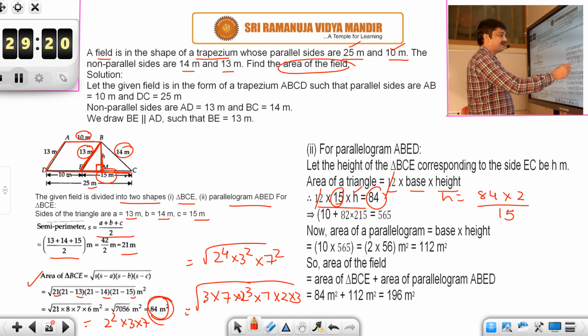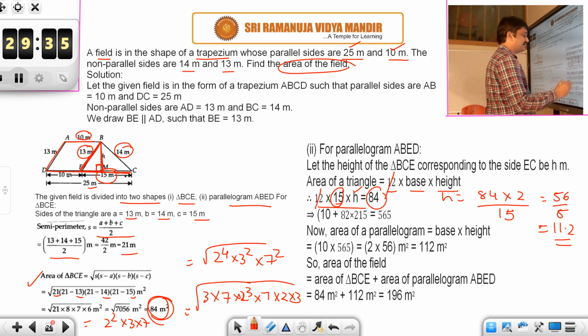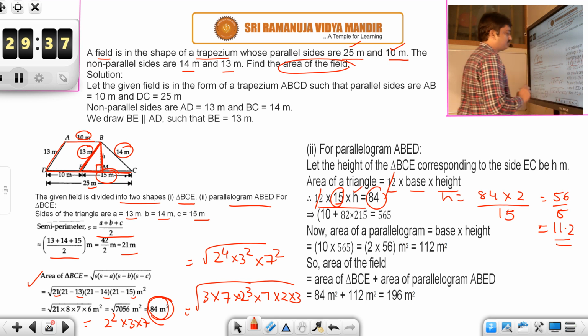From this, can you calculate the height? The 3 will get cancelled, so you will get 56 by 5. So the height will be 11.2.